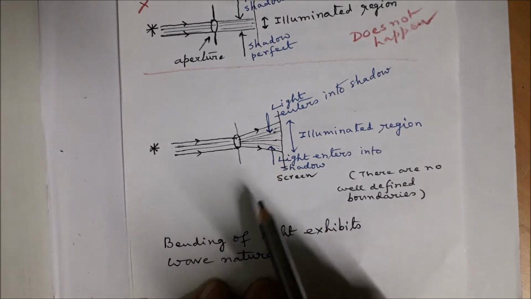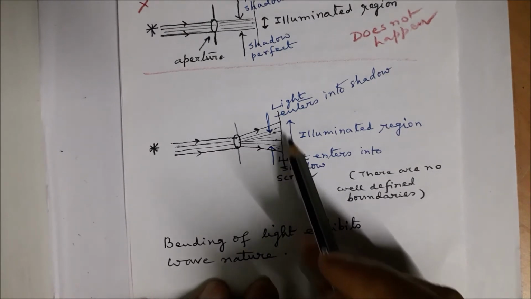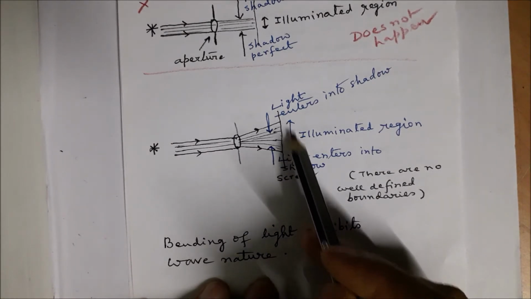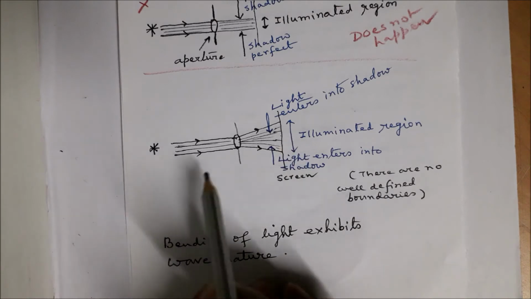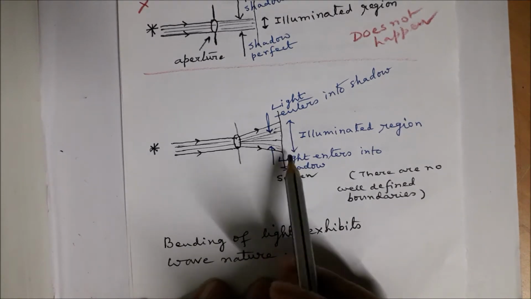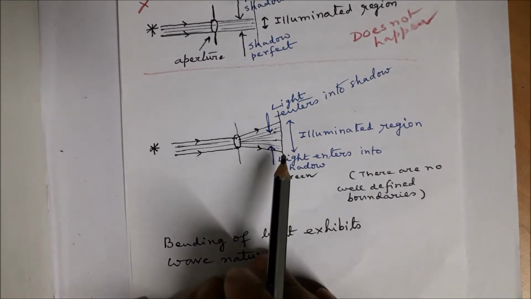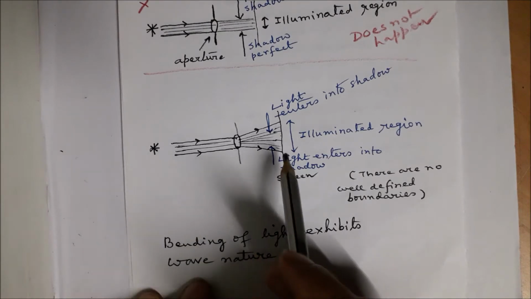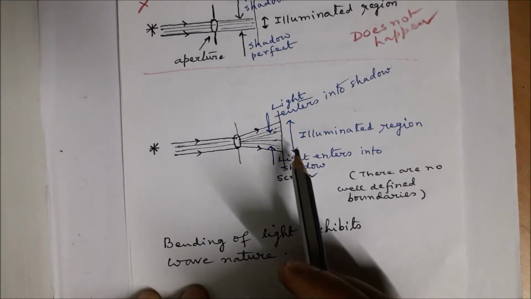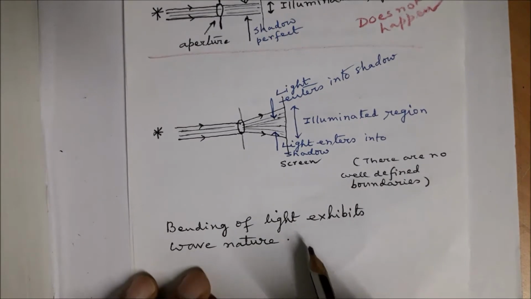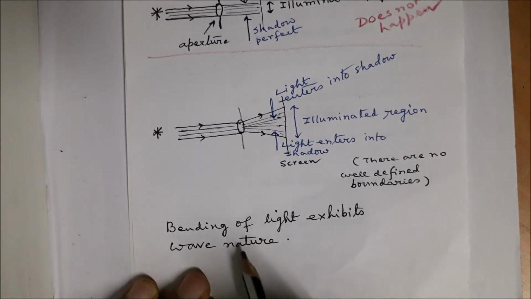So light enters into the shadow, and therefore we have a greater amount of illuminated region. Actually, there are no well-defined boundaries then between which one is shadow and which one is illuminated region. So bending of light exhibits wave nature.